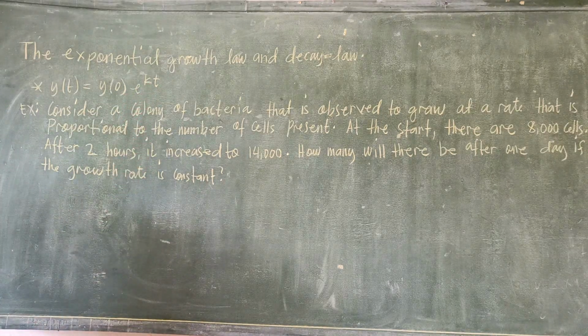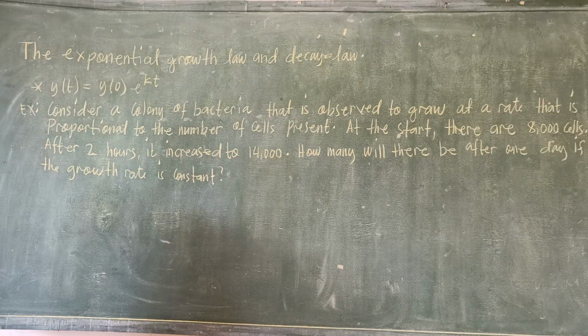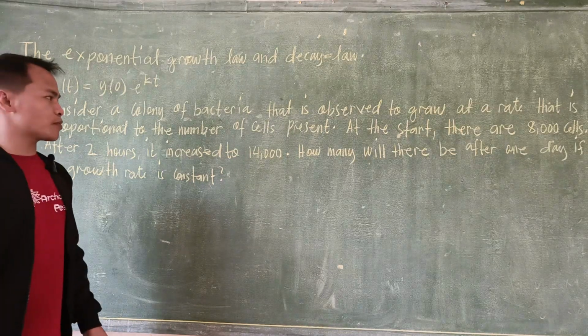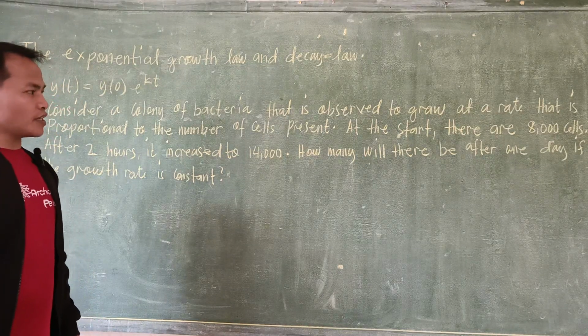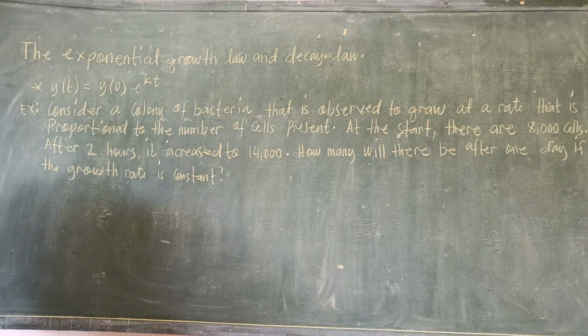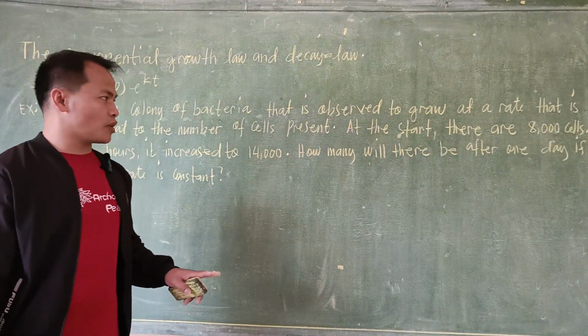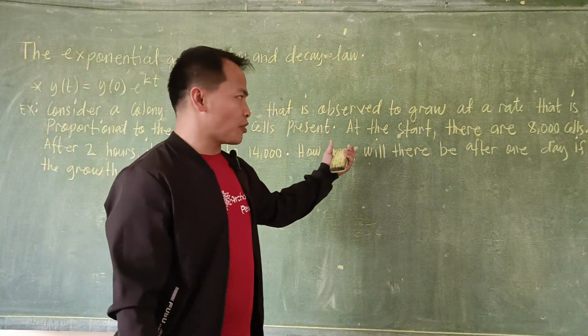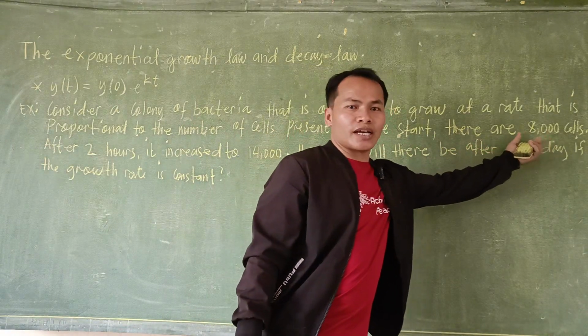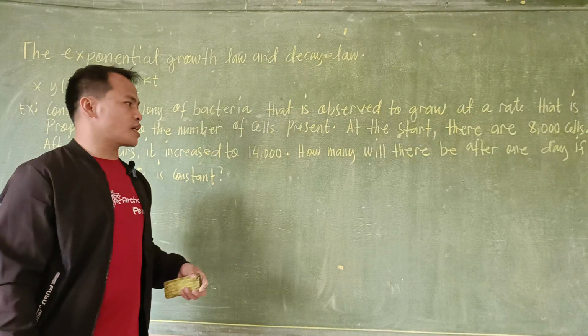So we have this particular example. Consider a colony of bacteria that is observed to grow at a rate that is proportional to the number of cells present. At the start, there are 8,000 cells. After 2 hours, it increased to 14,000.